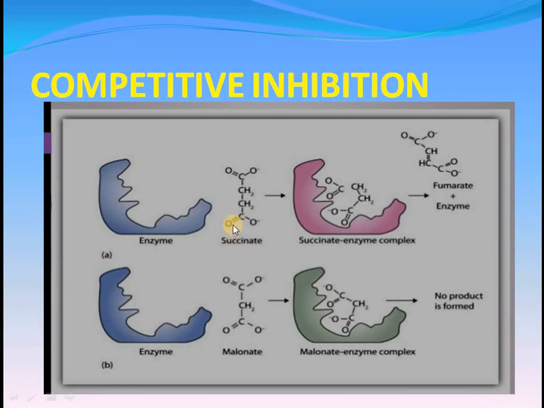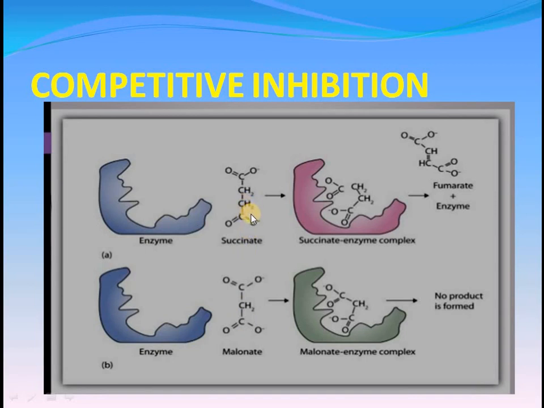If you see the structure, C double bonded with O, single bonded with O, then CH2, CH2, then there is C double bonded with O and single bonded with O. There is a little bit of difference, and that difference is that one CH2 is missing.